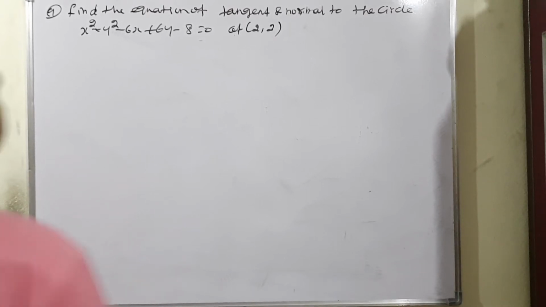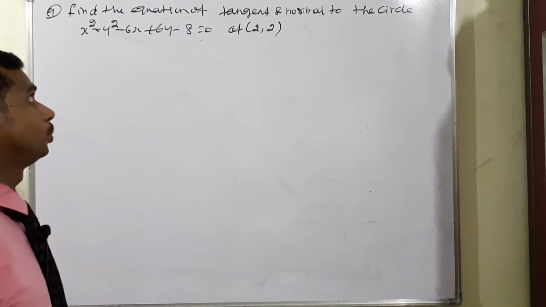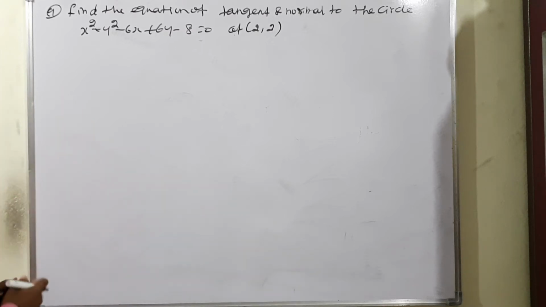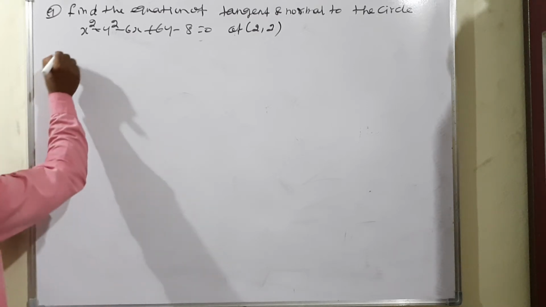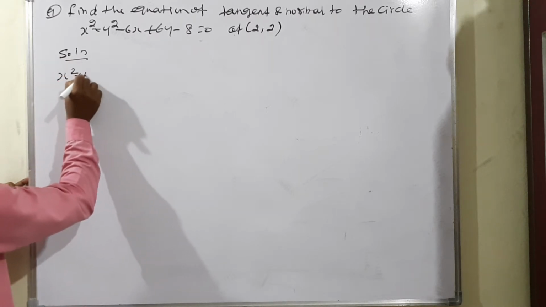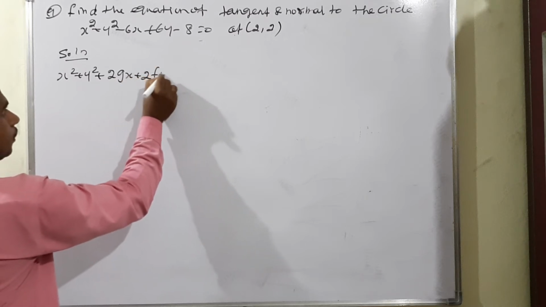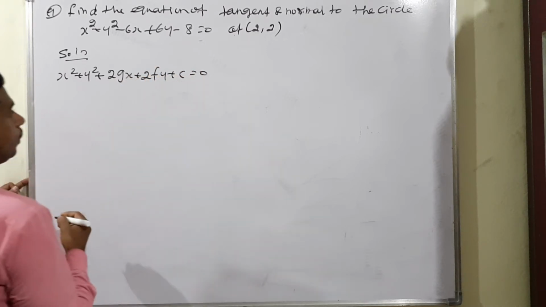So, question number 9 from exercise 5.1: find the equation of tangent and normal to the circle x square plus y square minus 6x plus 6y minus 8 is equal to 0 at point 2, 2. Solution. The general equation of circle is x square plus y square plus 2gx plus 2fy plus c is equal to 0.